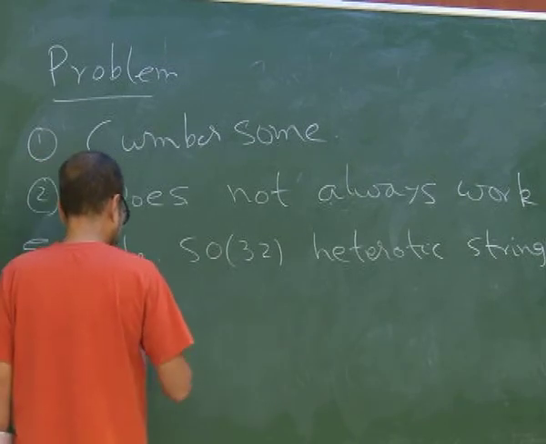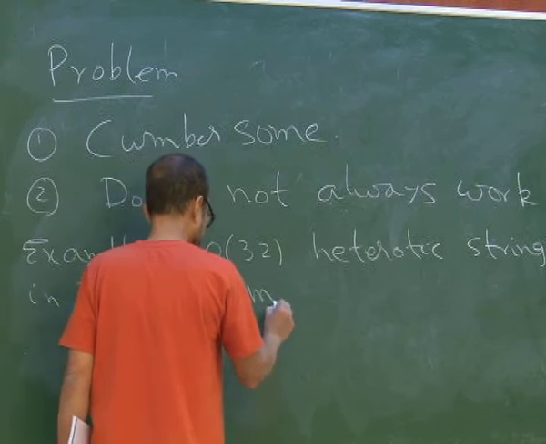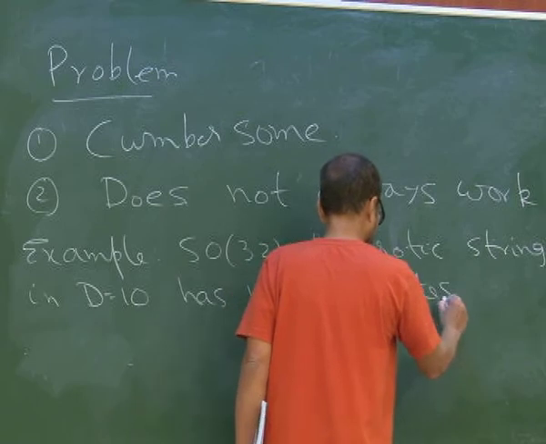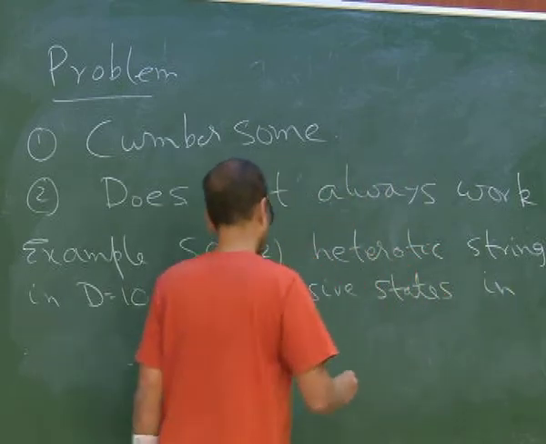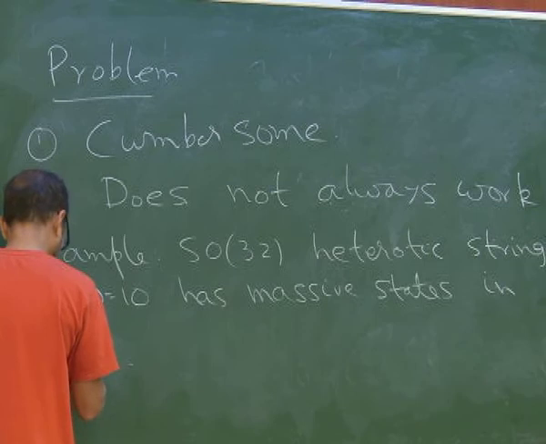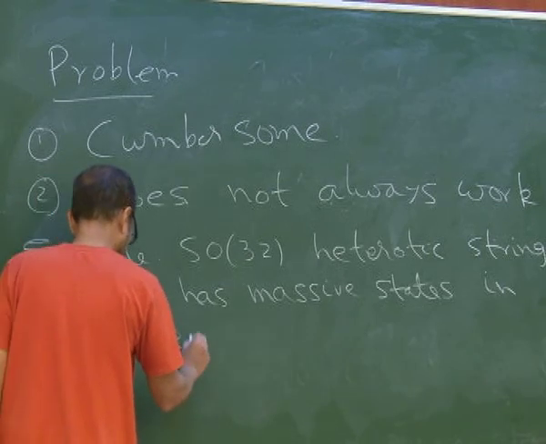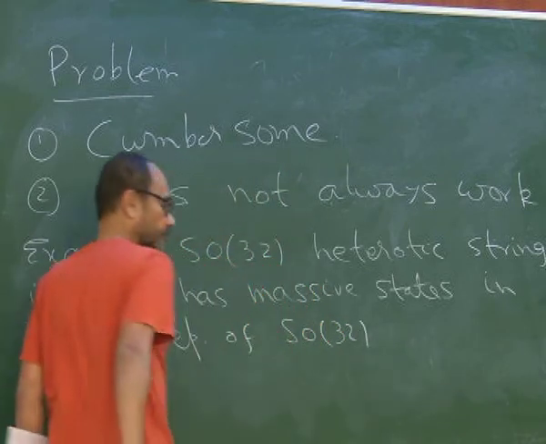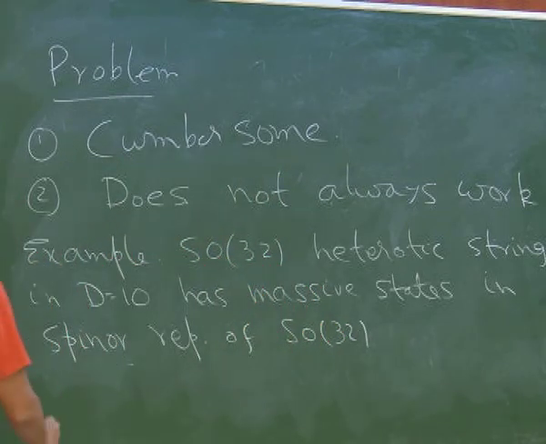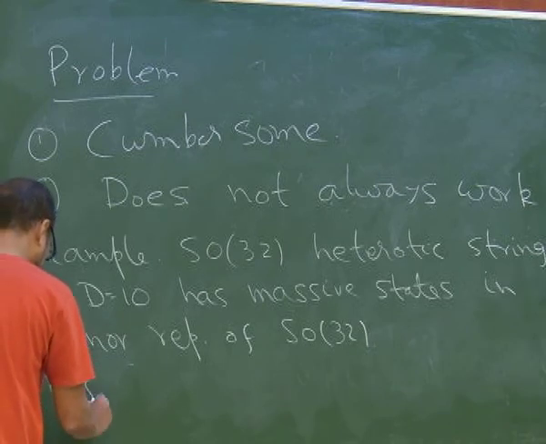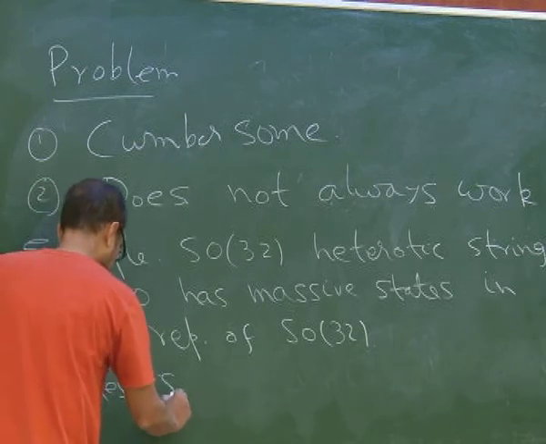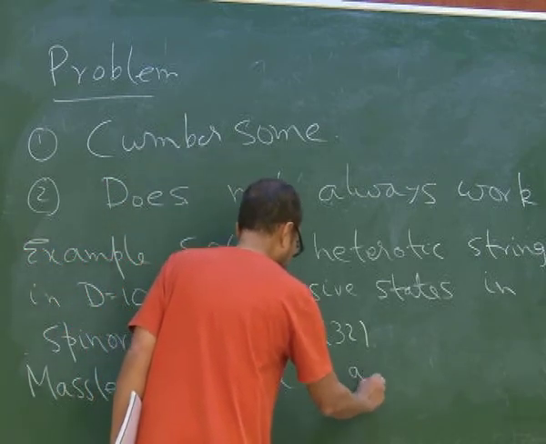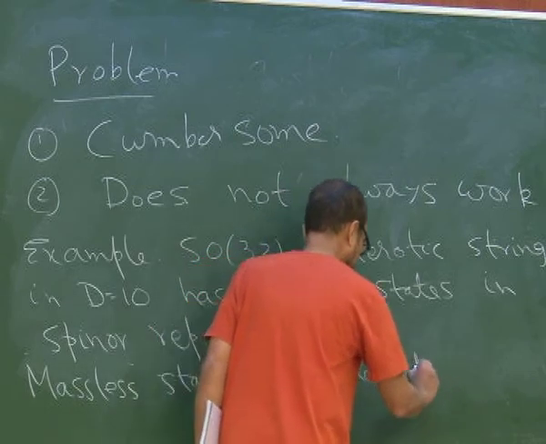That fact is that it has massive states in the spinor representation of SO(32), but massless states are in the adjoint.